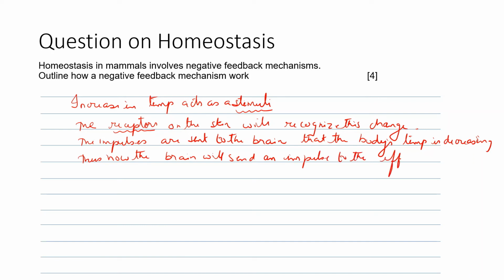Effector organ. Now what is your effector organ here? Your effector organ here will be your blood vessels. Now these blood vessels, they will undergo constriction. Now this constriction process is called as vasoconstriction.